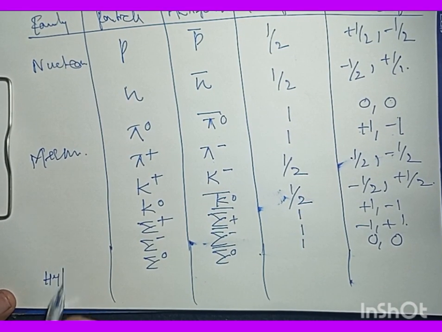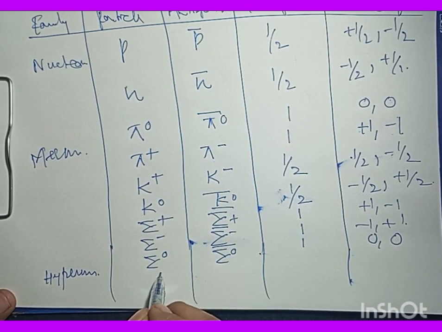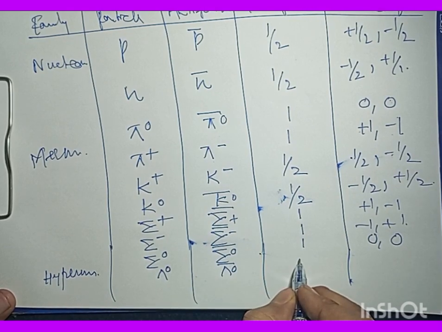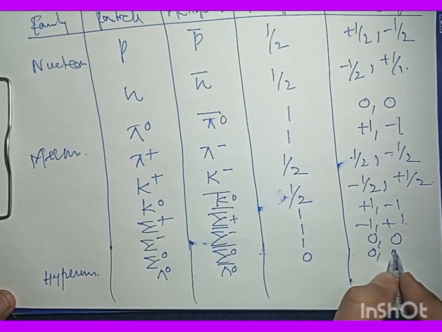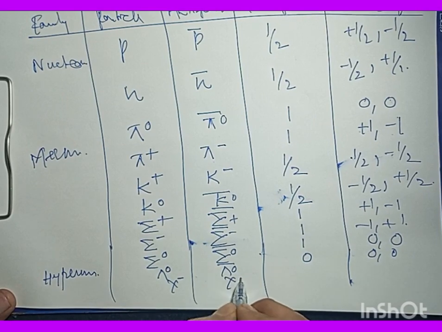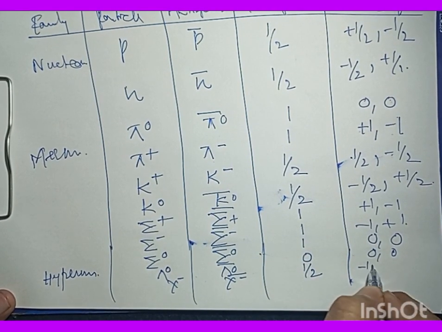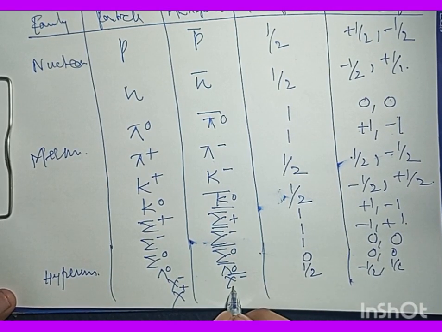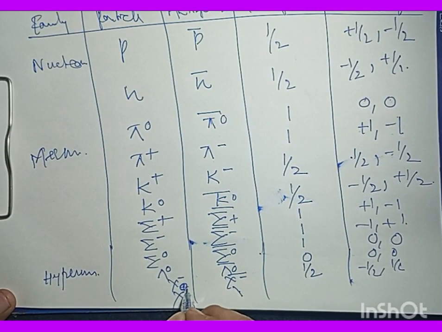We'd like to write down hyperons. For hyperons, we have lambda neutral, lambda bar, and it has isospin of 0, and I3 of 0, 0. And then we have chi minus, so this is chi minus bar, and isospin is half. So this is minus half and half. And chi positive, then we have chi neutral here.